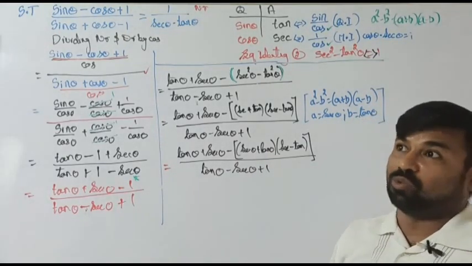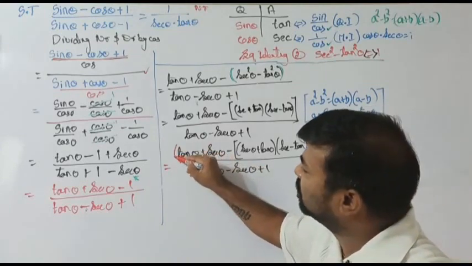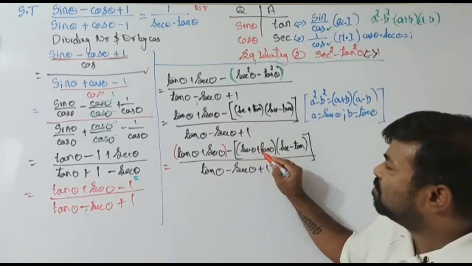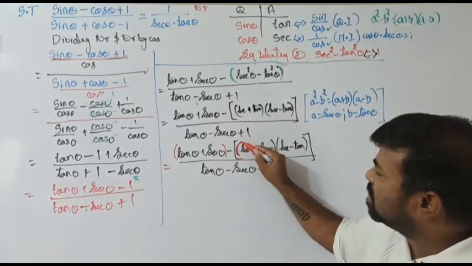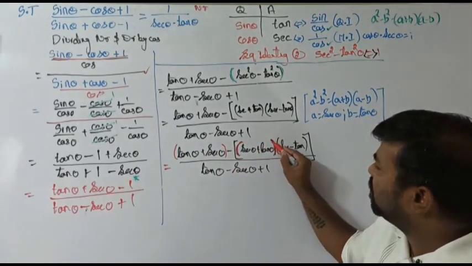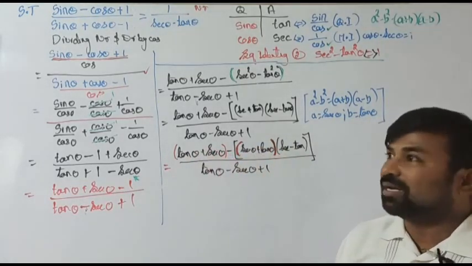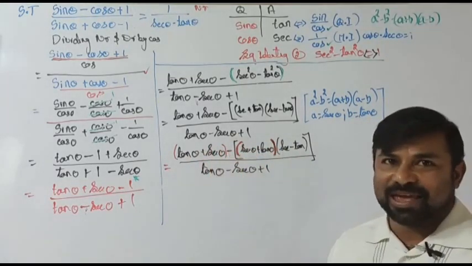But you might be thinking, what did I do? I kept this as a single bracket, fine, and I am able to see the same thing here. Secant theta plus tan theta, both are the same, right?